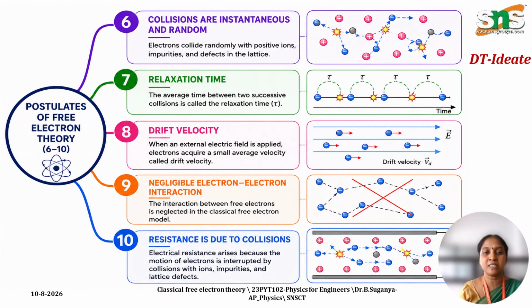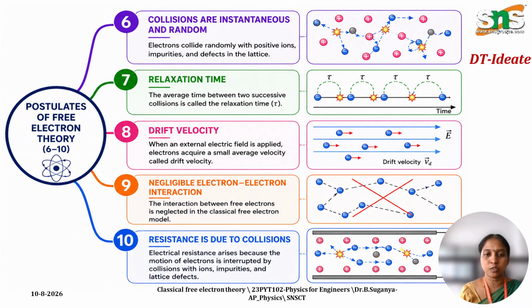Next is relaxation time. The average time between two successive collisions is called relaxation time, and it is denoted by the letter tau. Next is drift velocity. When an external electric field is applied, the electrons acquire a small average velocity called drift velocity. Simply keep this in mind: electrons move with a velocity, and that velocity is called drift velocity.